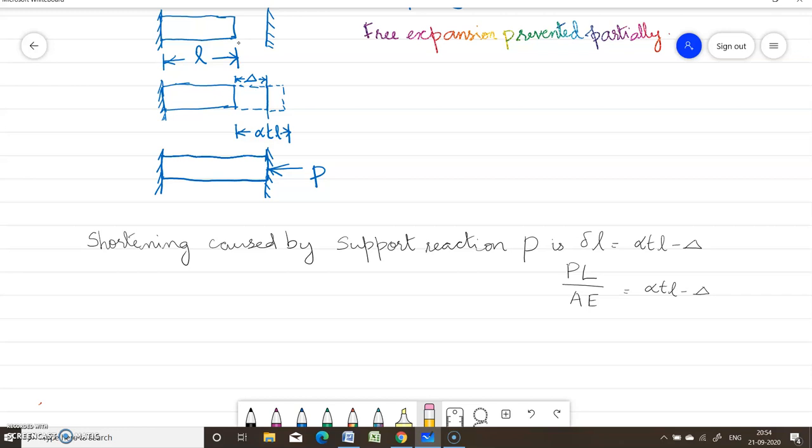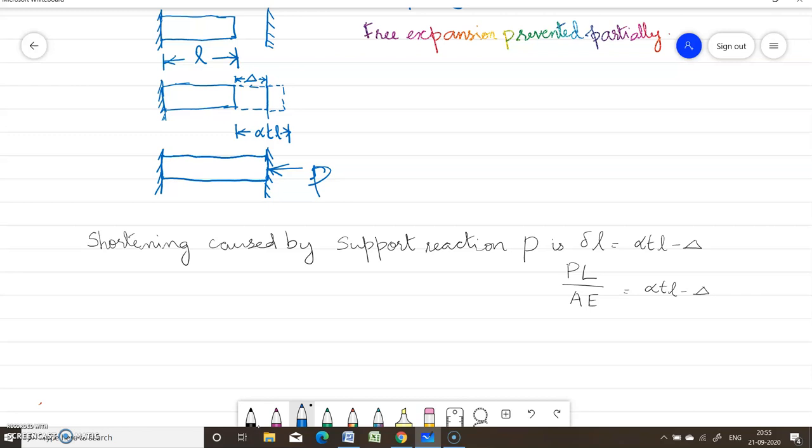So if the free expansion is prevented partially, as in the case of the member shown in the figure, the force developed P corresponds to the amount of free expansion prevented. So we'll see how to find out the temperature stress developed.